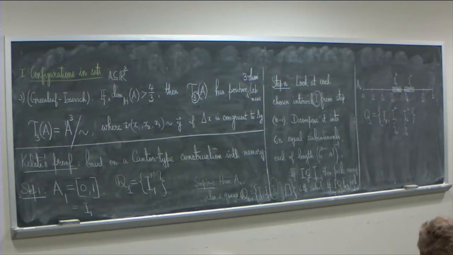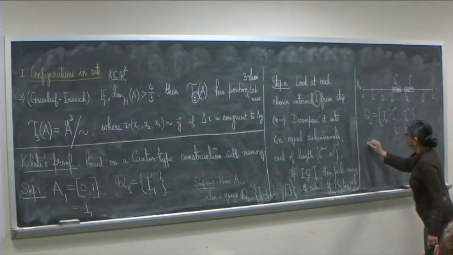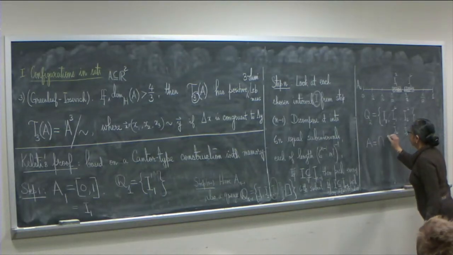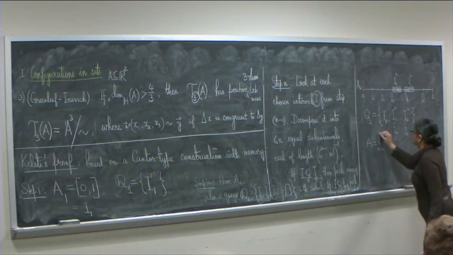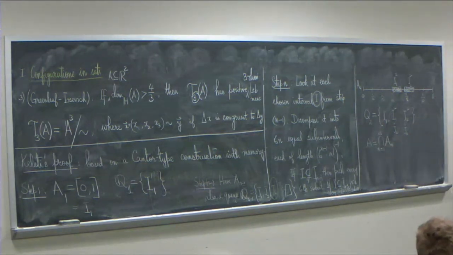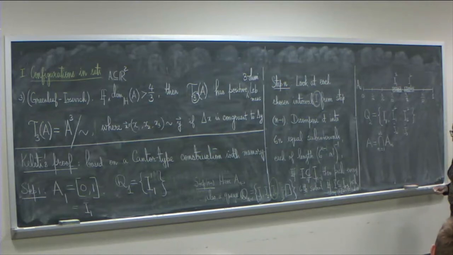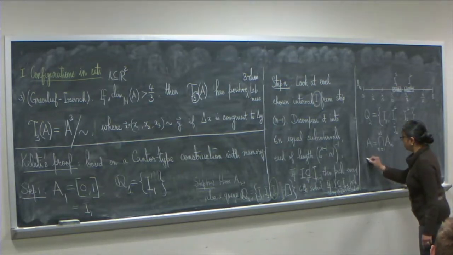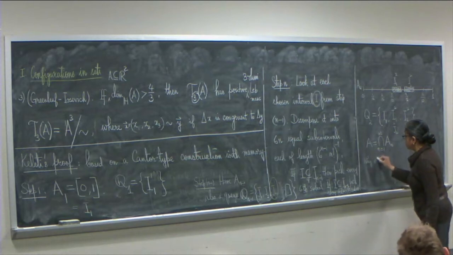It's a little bit a complex version of the Cantor construction, but the point is that this does the job, and let's see why. So the set A is nothing other than the intersection of all the ANs, and the claim is that this is on one hand of full Hausdorff dimension, so dimension 1.